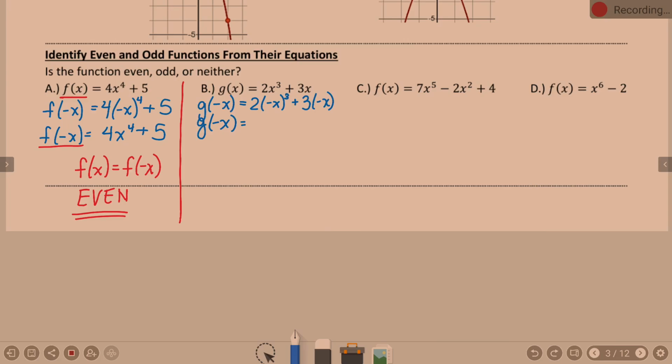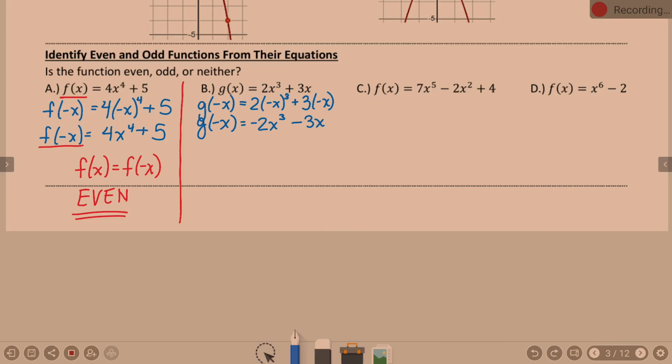So that's going to be negative x to the third times 2 makes this term negative 2x to the third. 3 times negative x makes that a negative 3x. You could say plus negative 3x, but I tend to just go straight to minus 3x.